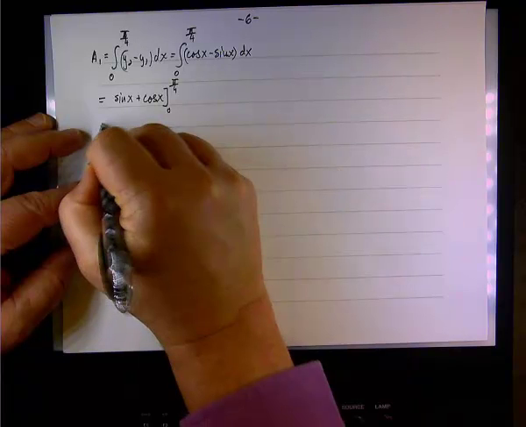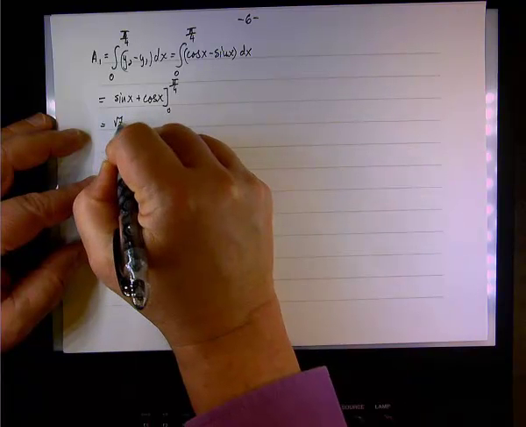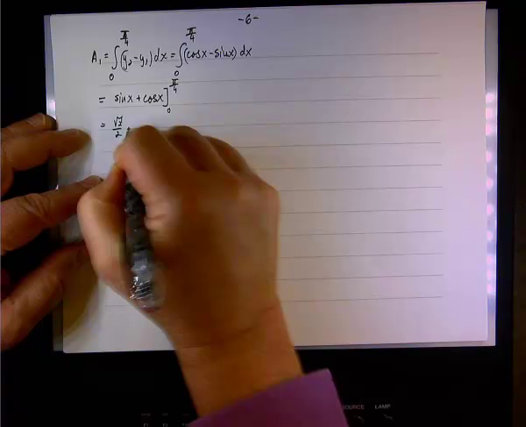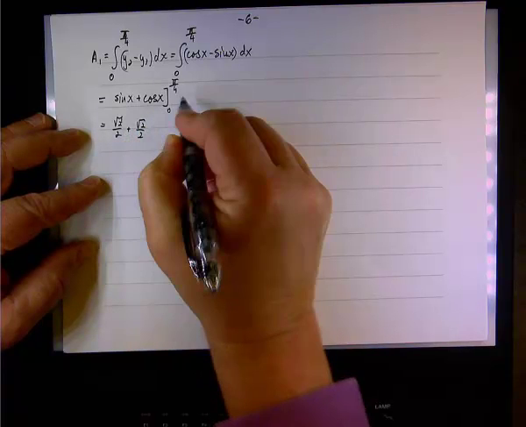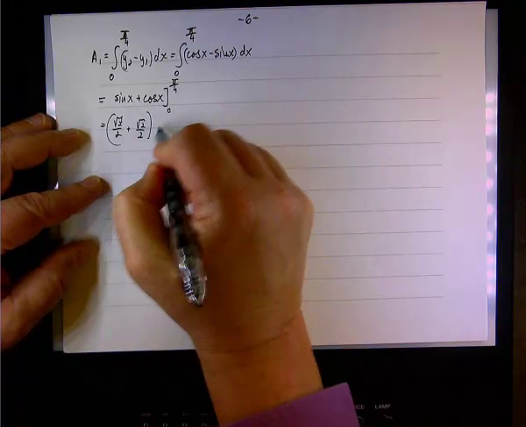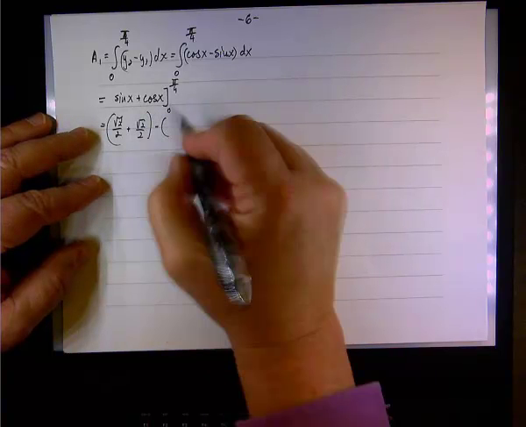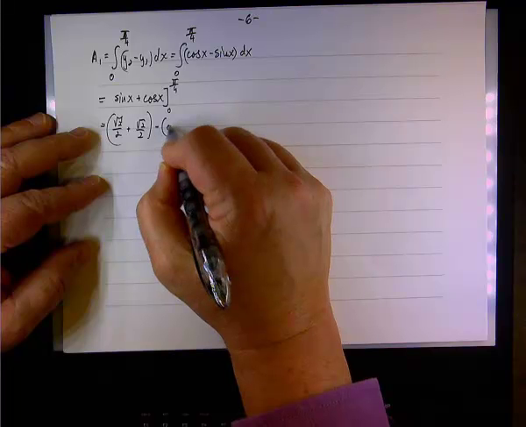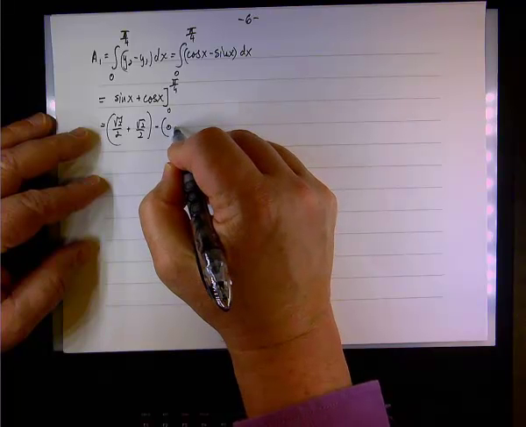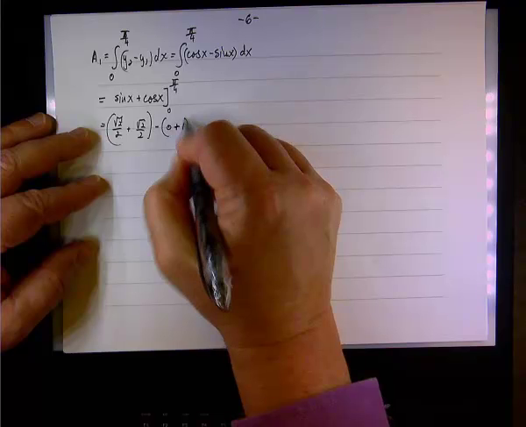So at pi over 4, we have square root of 2 over 2 plus square root of 2 over 2. At 0, we have sine of 0, which is 0, and cosine of 0 is 1, so we have 0 plus 1.